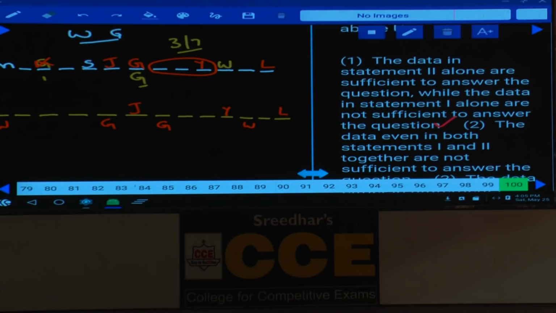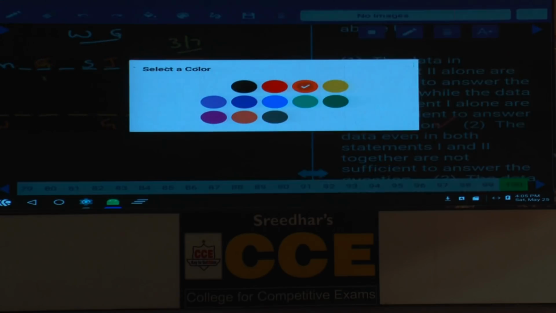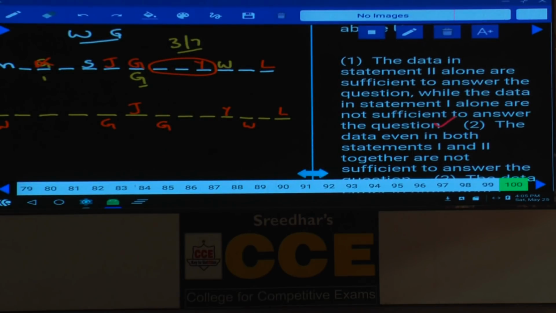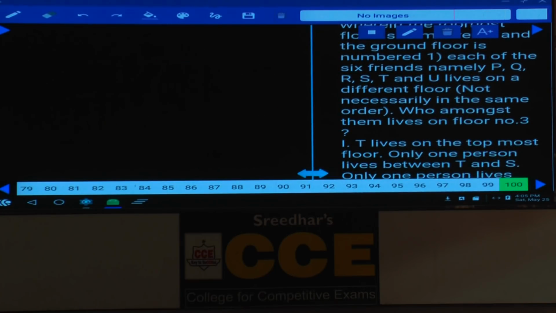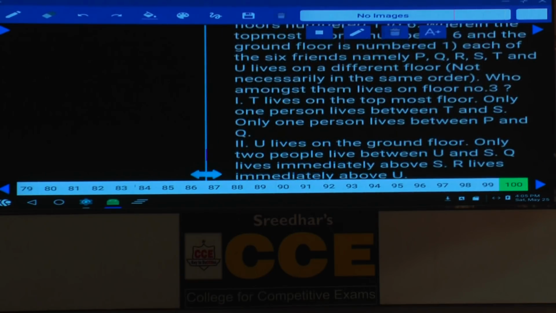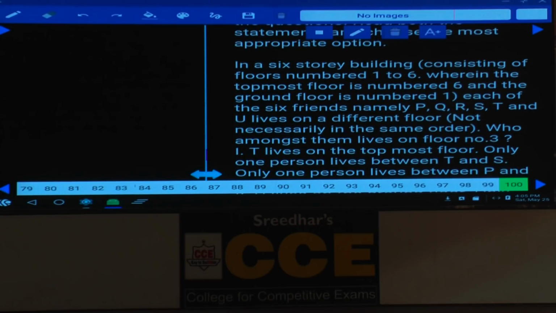Then what about question number 100 here? Question number 100: in a 6-story building, with floors numbered from 1 to 6, wherein the topmost floor is number 6 and the ground floor is number 1.